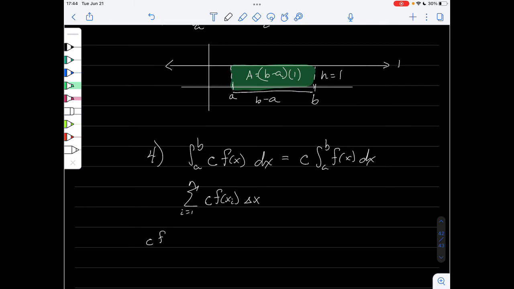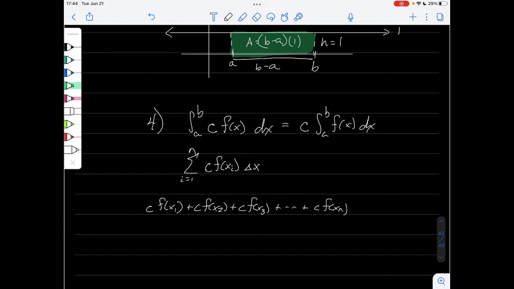So this is c f of x1 plus c f of x2 plus c f of x3 and so on to c f of xn. We have that common factor of c, so we can factor it out. And we get c times f of x1 plus f of x2 and so on to f of xn.